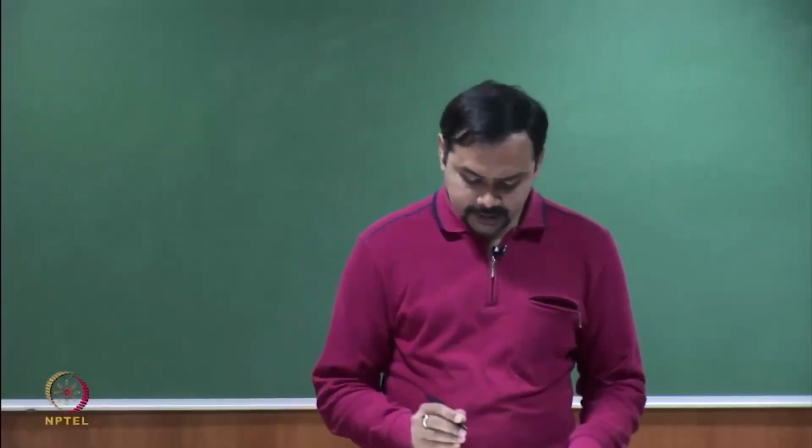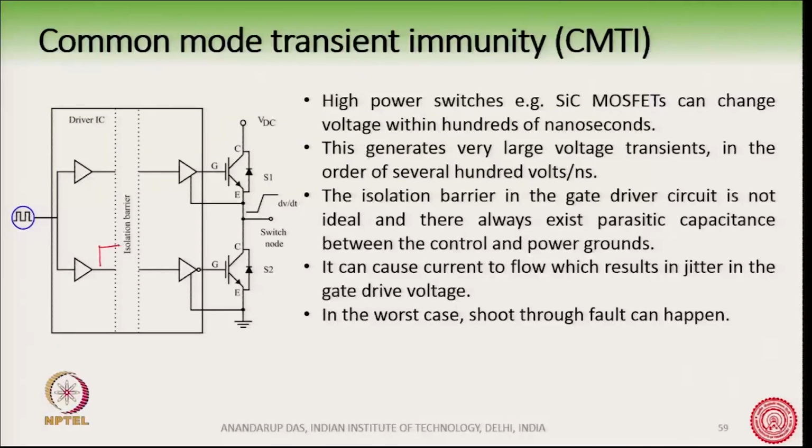So, that means there is a parasitic capacitance here, and also we know that the gate collector terminals have a capacitance between them.